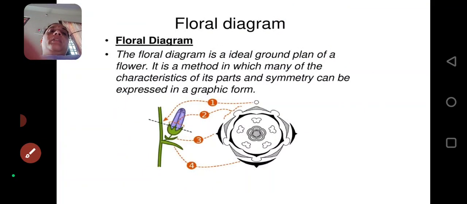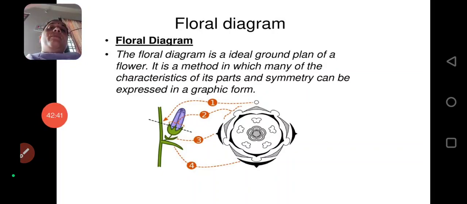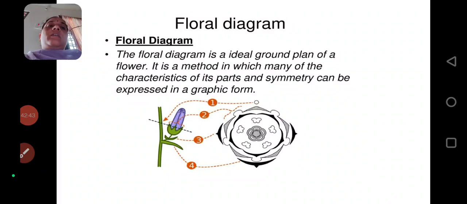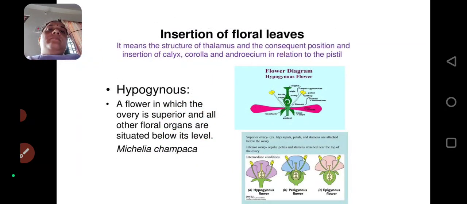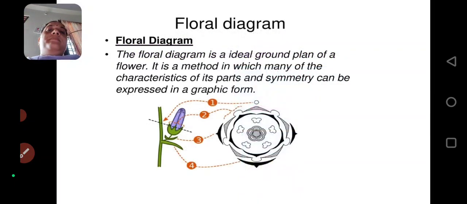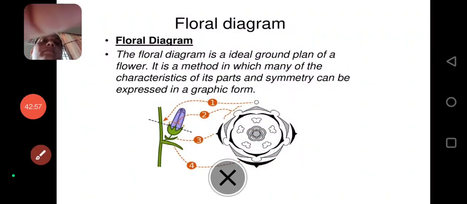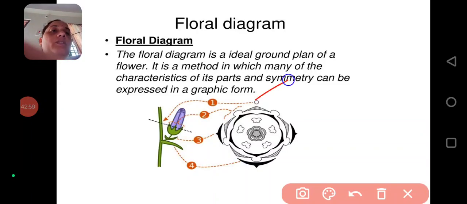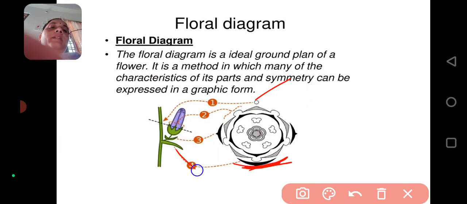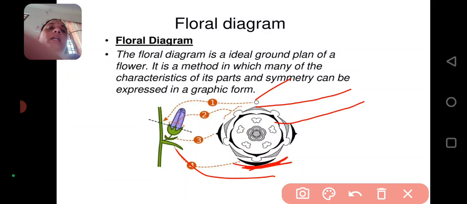This is the floral diagram. We have to draw the floral diagram also like this. This is the bract. You have to write whether this is an actinomorphic or zygomorphic flower based on the symmetry. You put the bract like this. These are the sepals, and inside the sepals the petals are present.